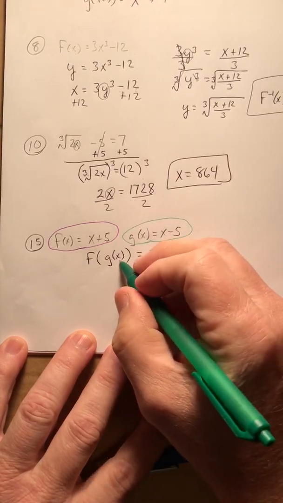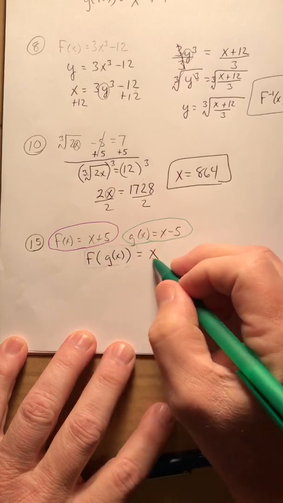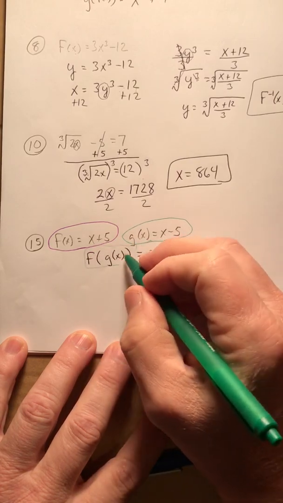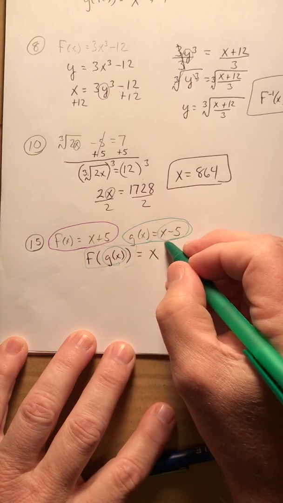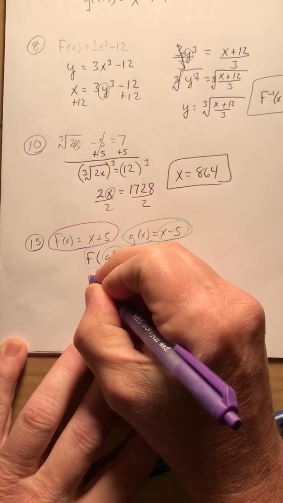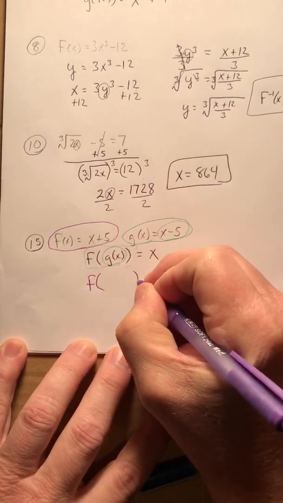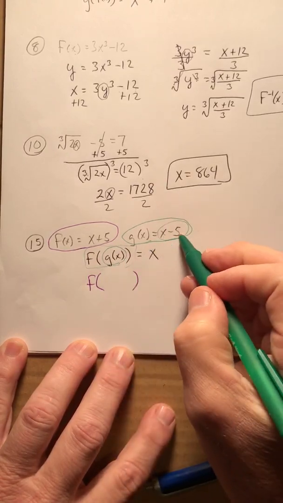All right, so again, we're going to show that this is just going to give us x. So again, we go to the inside function, which is my g function. I'm going to take it out and replace it with what it's equal to. So my f function, I don't do anything with. Again, that's my purple function. All right, but my g function, I'm taking it out and replacing it with what it is.